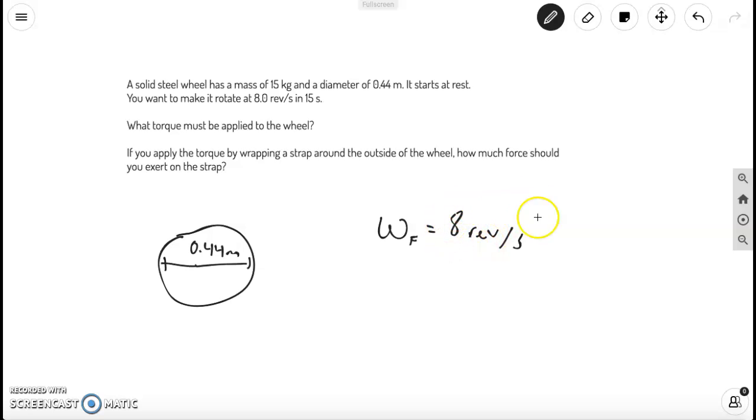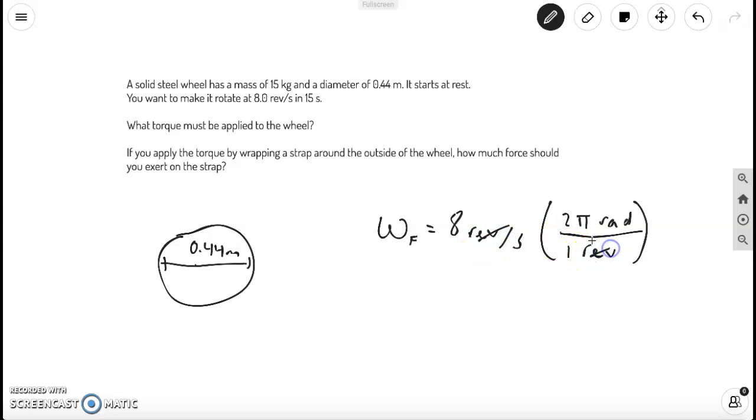But remember, we never want to actually use revolutions per second, and we're always going to be using radians. So we need to use a conversion factor to change this to radians. So rather than 8 revolutions per second, we need to think how many radians are in a revolution. So we have a conversion factor of 2 pi radians are in 1 revolution.